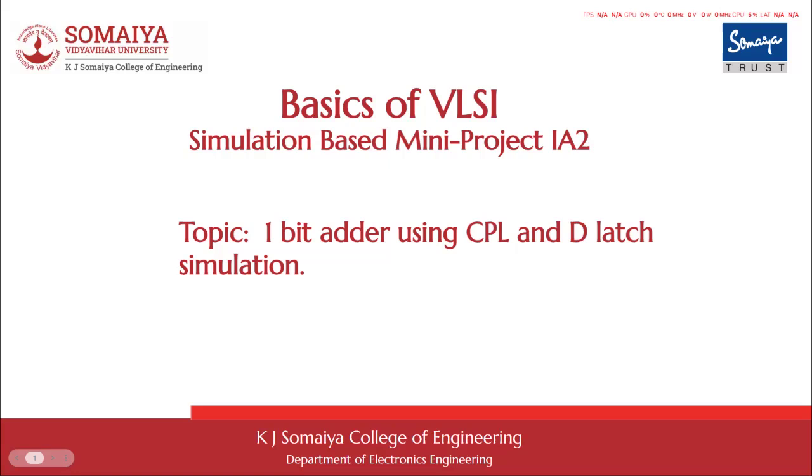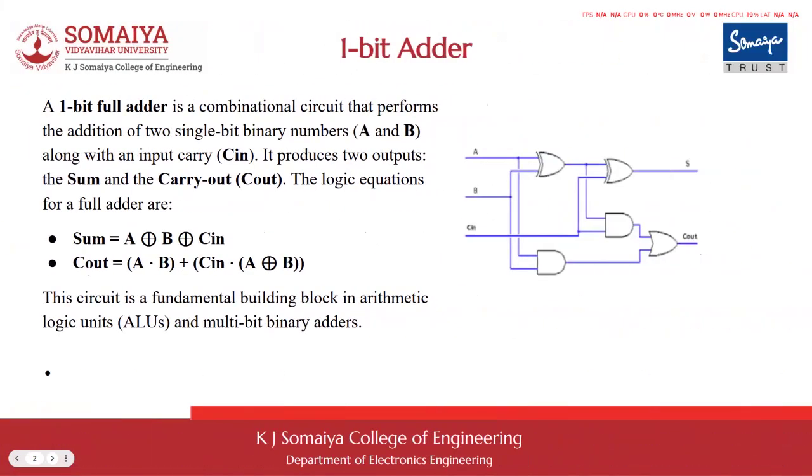So over here I'll be talking about a one bit adder using complementary pass transistor logic. Talking about a full adder: a one bit full adder is a combinational circuit that performs addition of two single binary numbers A and B. It takes those and adds them up along with an input carry.